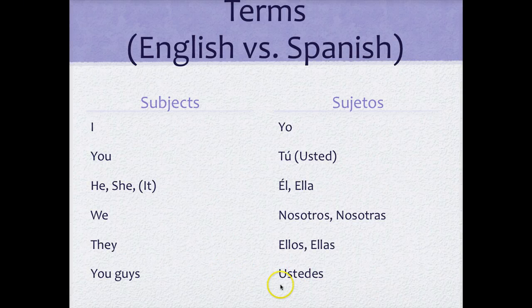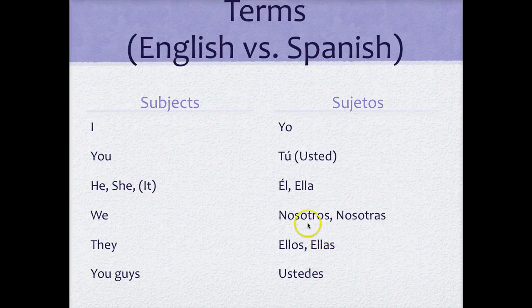Finally, now we have you guys or ustedes. Now I want you to be careful with this because you should never confuse ustedes, you guys, you plus other people. Don't confuse this with usted. They look an awful lot alike, but they are used quite differently. Usted, as you see up here, is you formal. I am speaking to you, whereas ustedes is you guys.